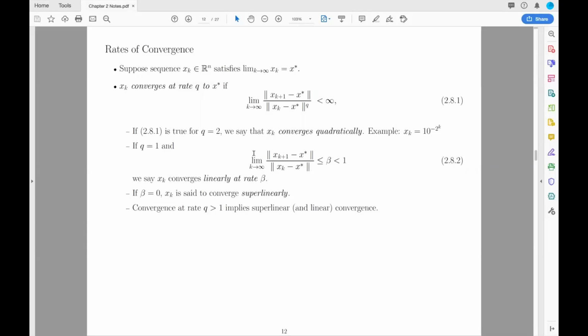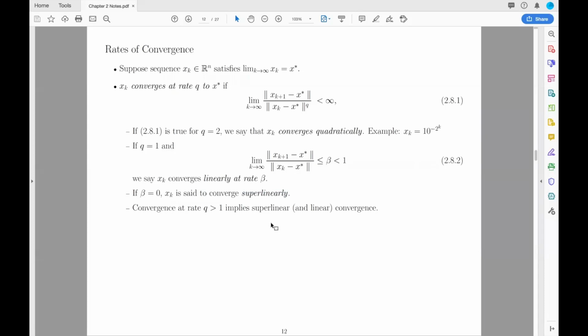If the errors shrink at the rate beta, meaning the error this time is beta times the error last time, where beta is some number strictly less than 1, then you have convergence linearly at the rate beta. Sometimes you have algorithms where this limit actually goes to 0, and that's called superlinear convergence.